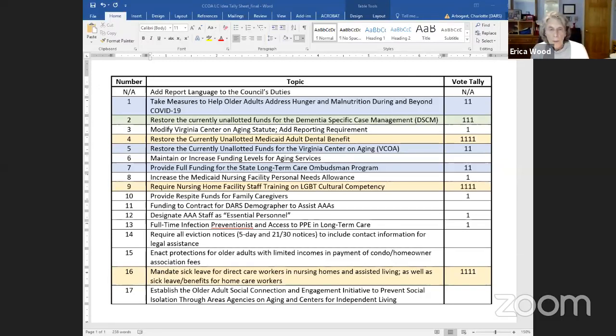So let's start with restoring the currently unallocated Medicaid adult dental benefits. And you should have a description of that in your list of issues. Hey, Erica, I don't mean to interrupt, but David is the only new member of the committee, and this was one from last year.